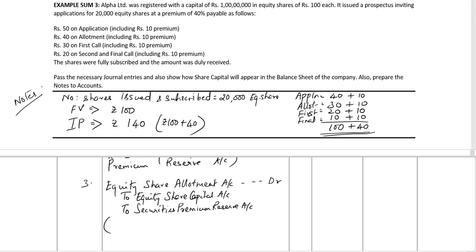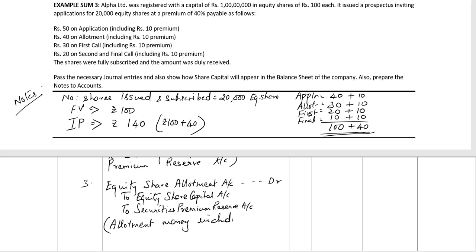Narration: allotment money including premium due. Against equity share allotment, it's 20,000 shares multiplied by 40 rupees comes up to 8 lakh.